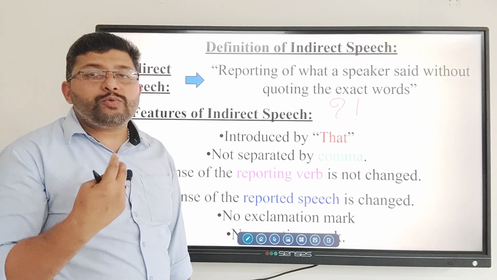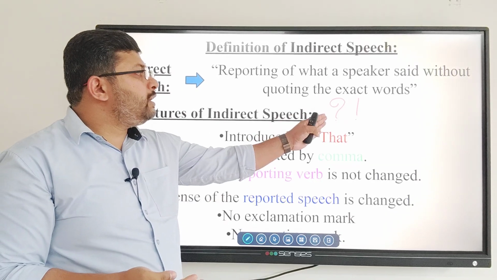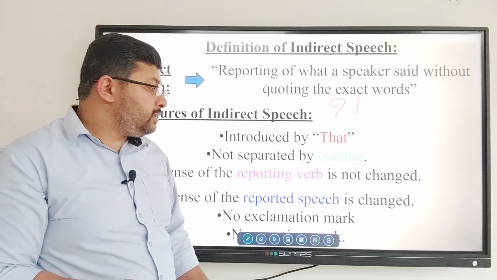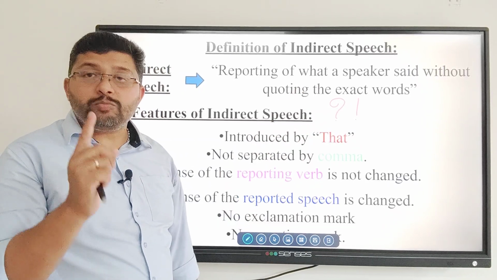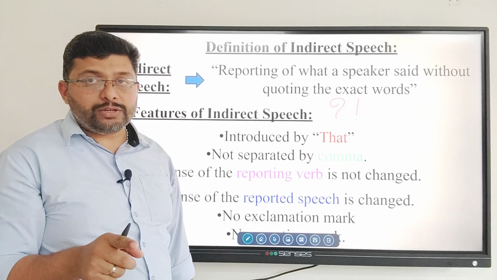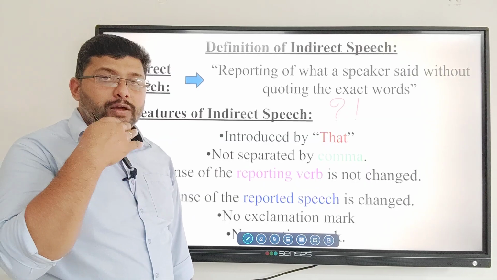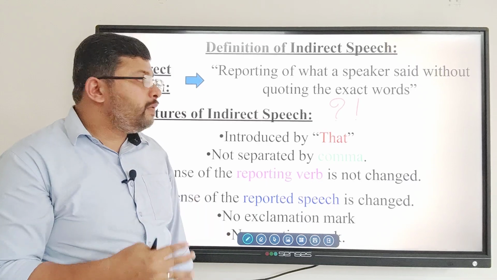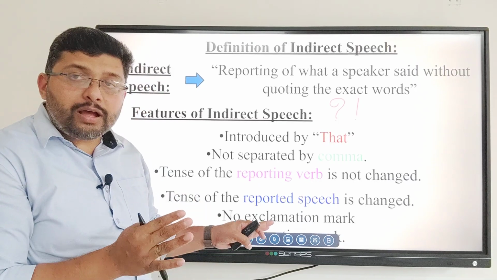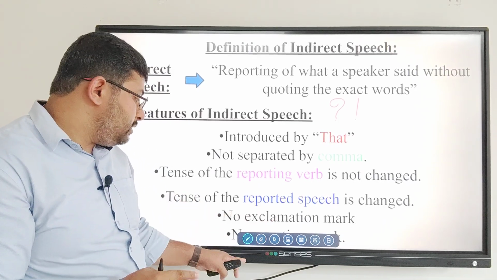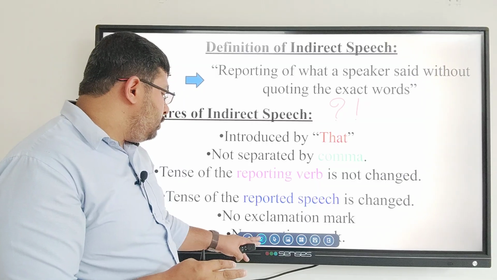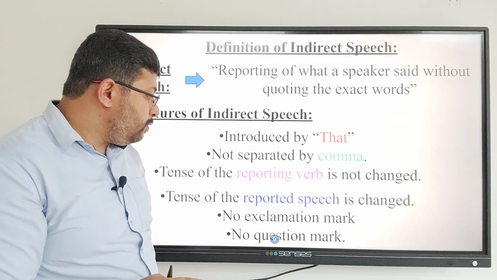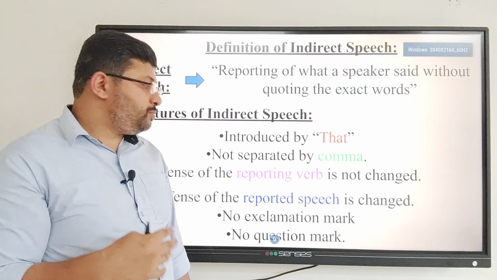But when we transform an interrogative sentence or exclamatory sentence from direct to indirect, we will never use those marks in indirect speech. After discussing the tenses, we will have a detailed discussion on this, but just as an introduction, I mentioned it here. So no exclamation mark or question mark will be used in indirect speech.